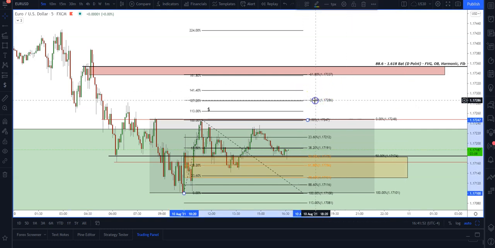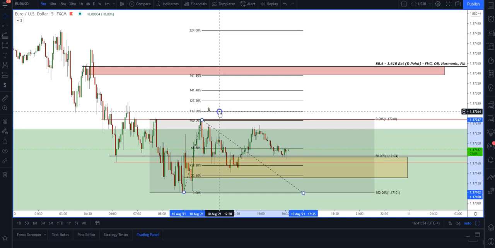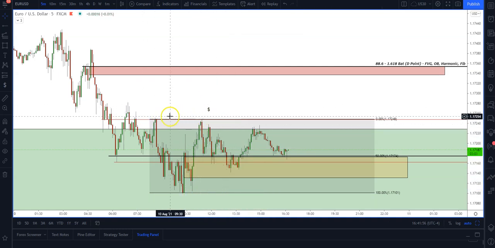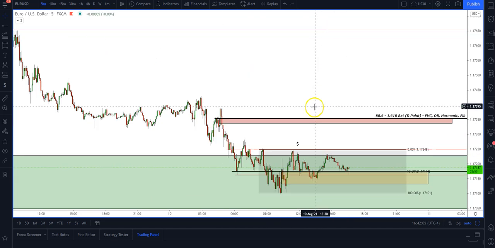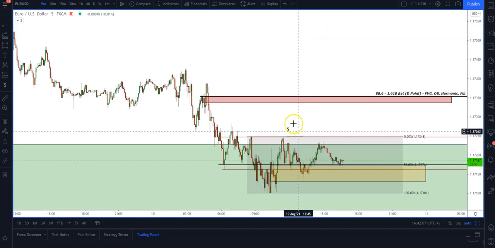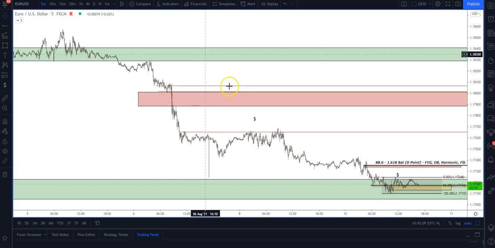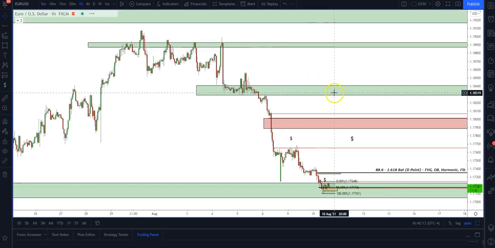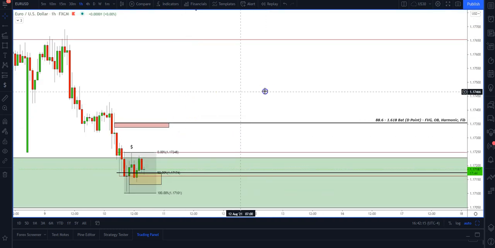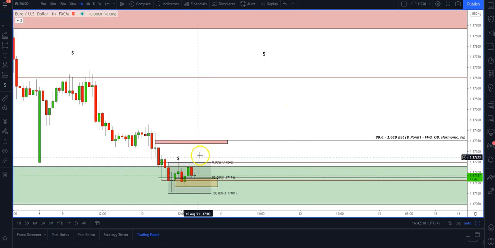Now, second thing, we also have liquidity sitting above here. So liquidity, it needs to grab. Another thing, this can possibly go up higher to this zone, because as you can see, we're just on the lower end of everything.